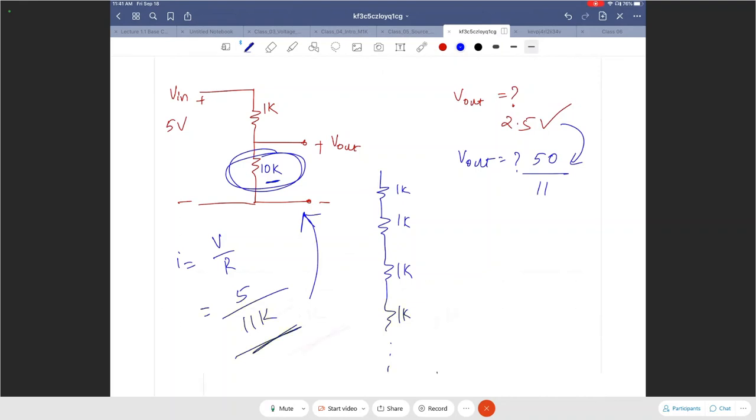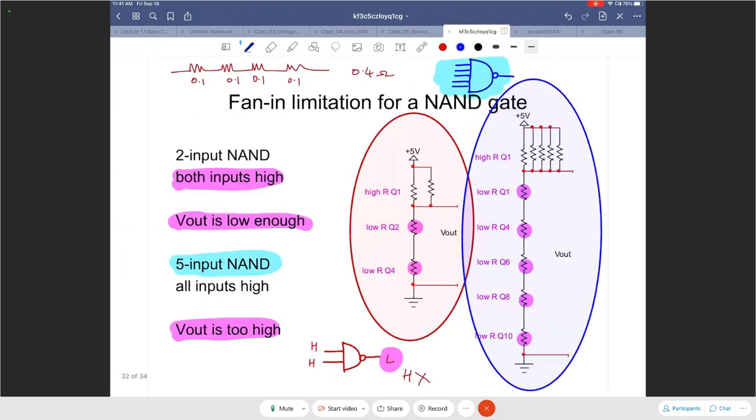The point of this is, as you put more and more resistors in series, each of them is small, but when you put them in series, they add up and the voltage across them increases, and that puts it over the limit. Now V out could be high, and that may not be recognized as the low that we want.